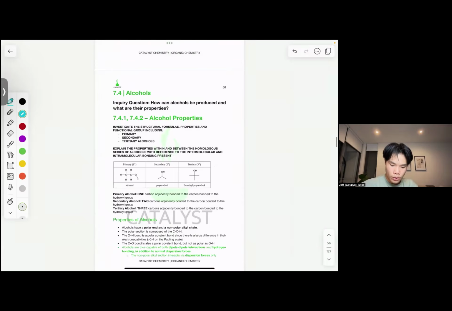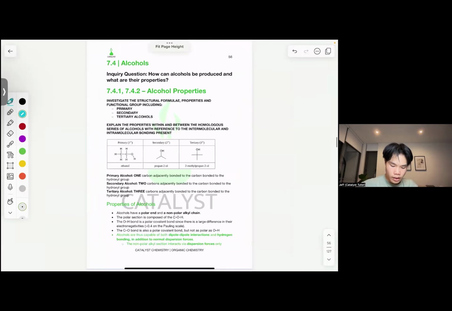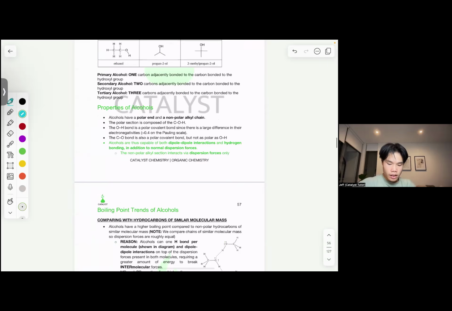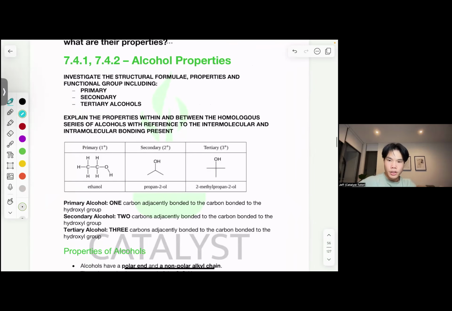So we'll jump down to alcohols. We know now what primary, secondary, tertiary alcohols are. In terms of the properties of alcohols, do we expect these to be high boiling point or low boiling point? Where do we place them and why?